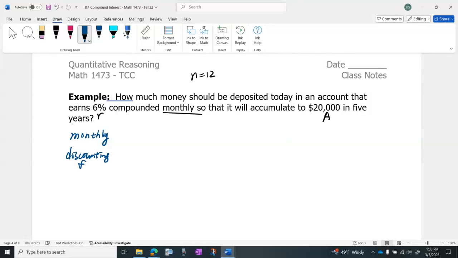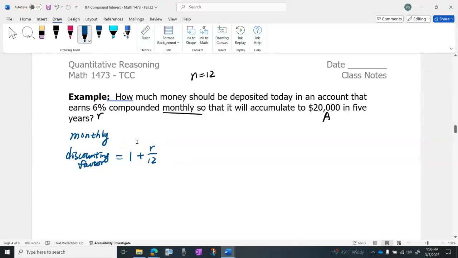So the discounting factor. You might remember last class we had a concept called the compounding factor. The compounding factor is 1 plus rate, and the rate depends on how the interest is compounded. If the interest is compounded monthly, then the rate here is the monthly interest rate. And 1 plus R over 12 here is the compounding factor we learned last class.